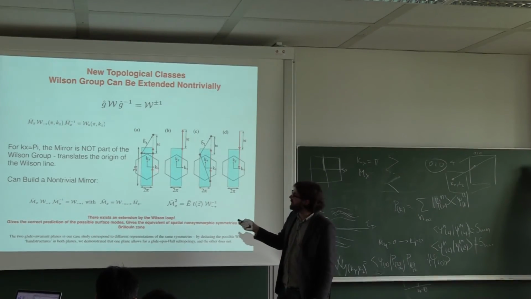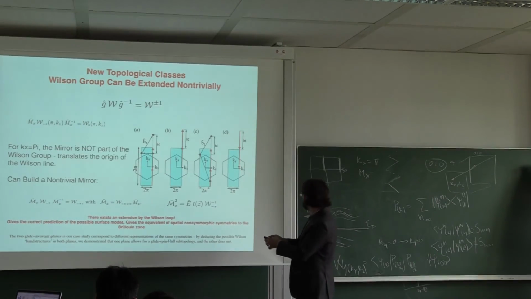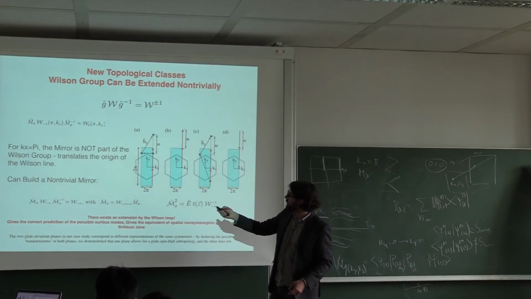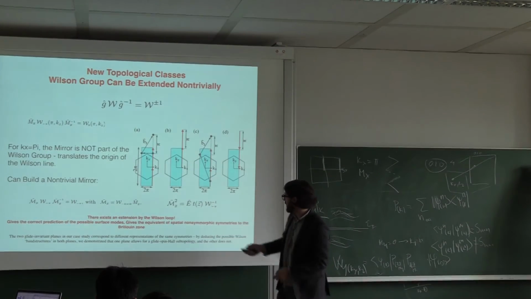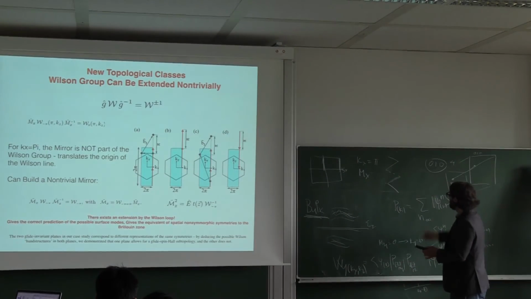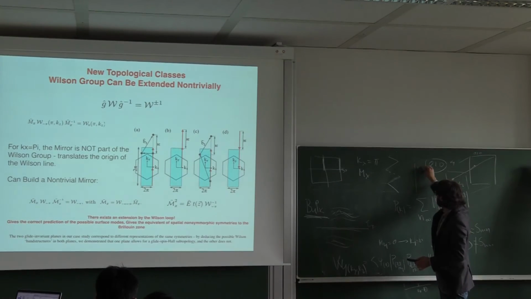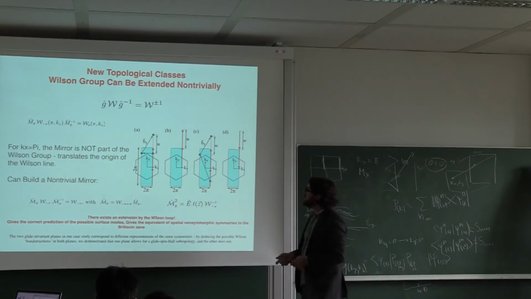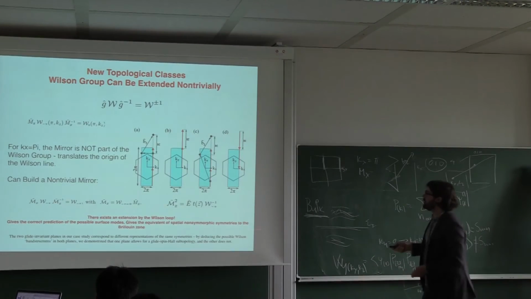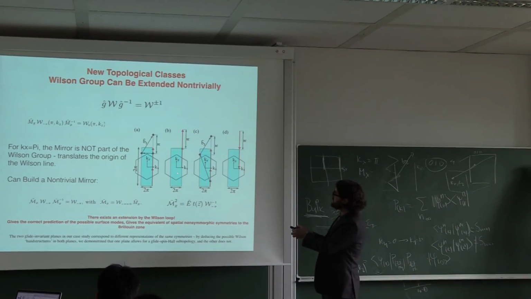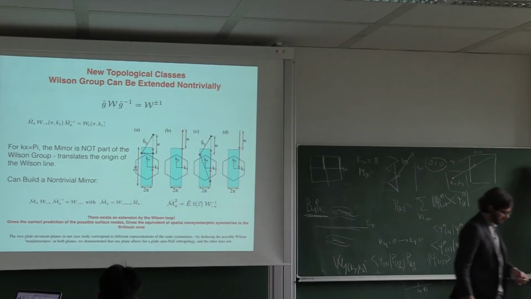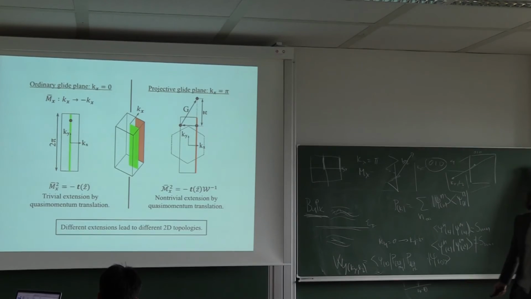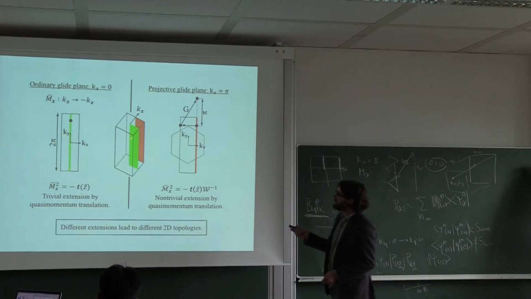But in this material, the primitive unit cell doesn't have a translation by a vector that's perpendicular to the kx equals pi plane. So the kx equals pi plane goes into kx equals minus pi, but this gets translated by a vector which is b2, which is not perpendicular to the mirror plane. So in effect, when you're starting with a Wilson loop here, after you translated it, you end up with a Wilson loop that starts here. What that means is that these two planes are inequivalent.